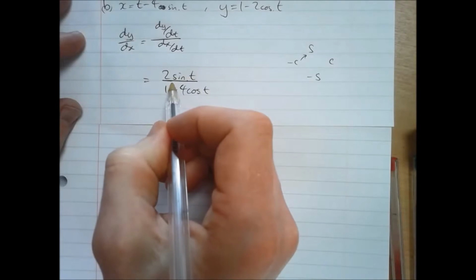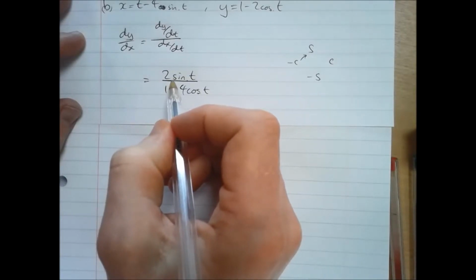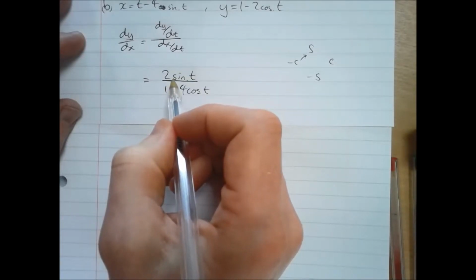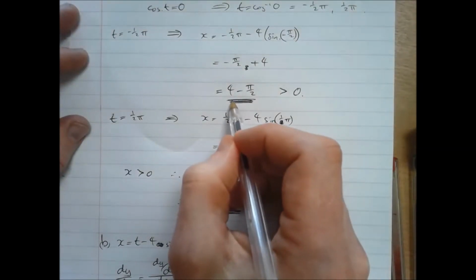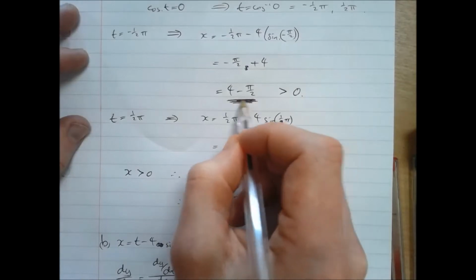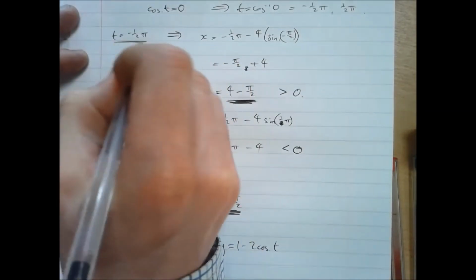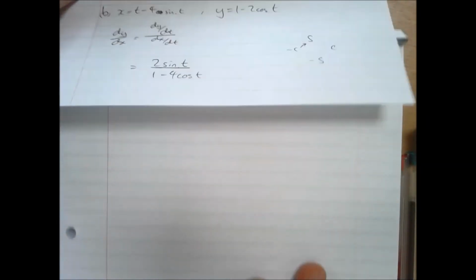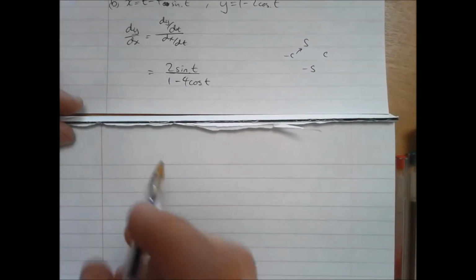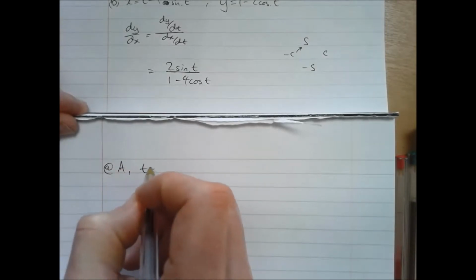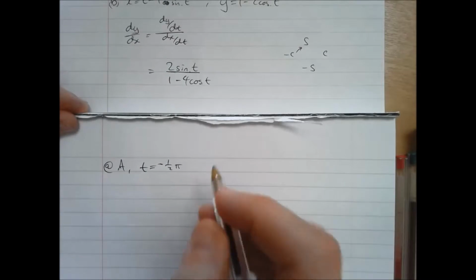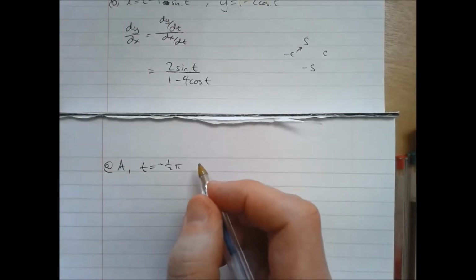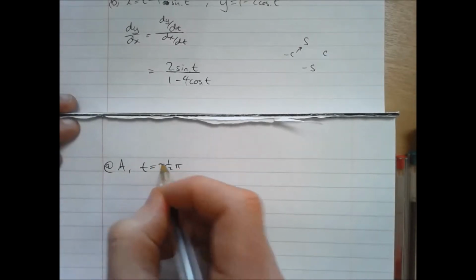So now at point A, if we look back up here, this was our k value, and that happened when t was minus a half pi.